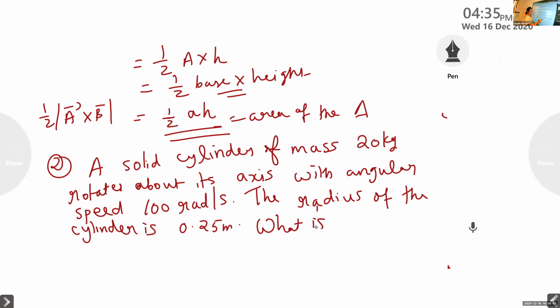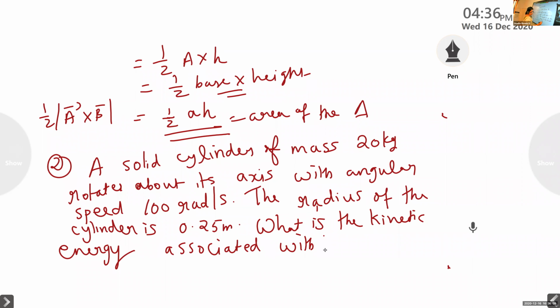What is the kinetic energy associated with the rotation of the cylinder?